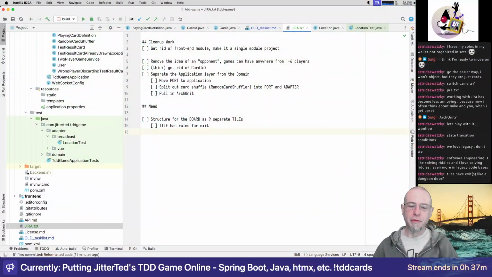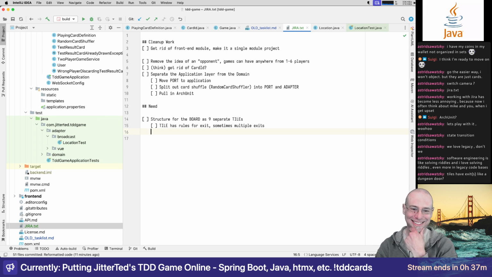So a tile has rules for exit, sometimes multiple exits. Yes, just like a dungeon. And sometimes you need a magic spell to open the door. And that magic spell is you have to predict successfully.